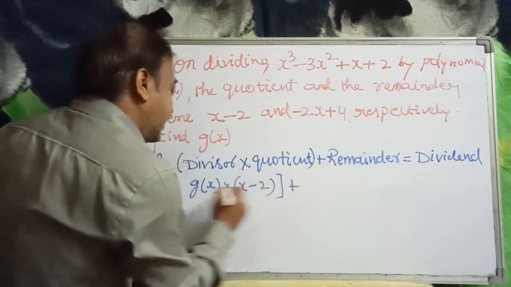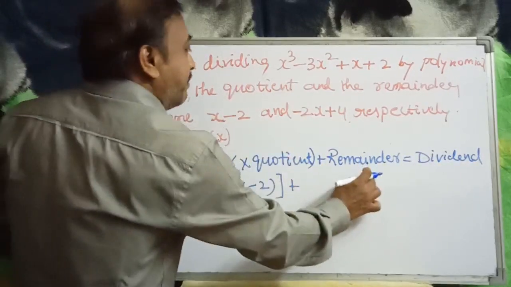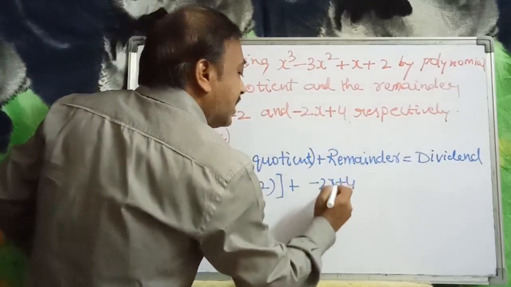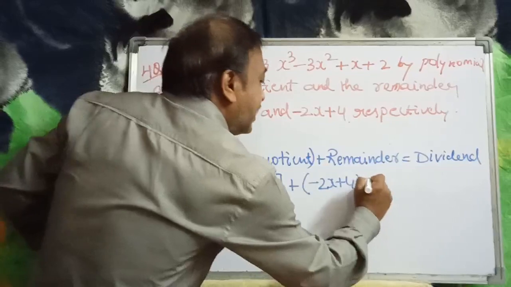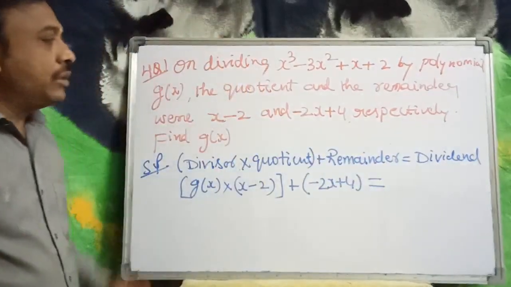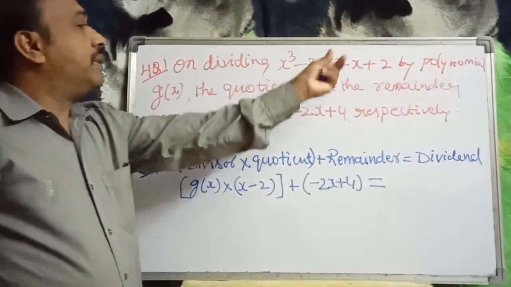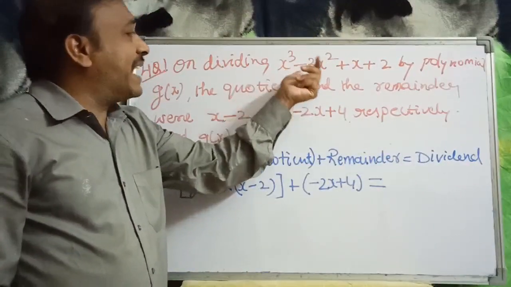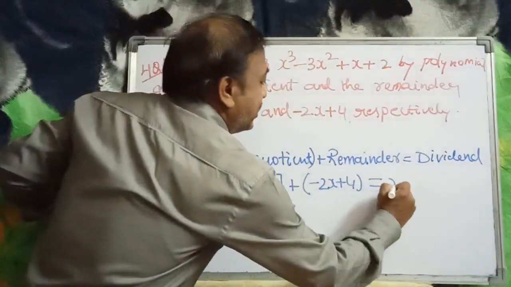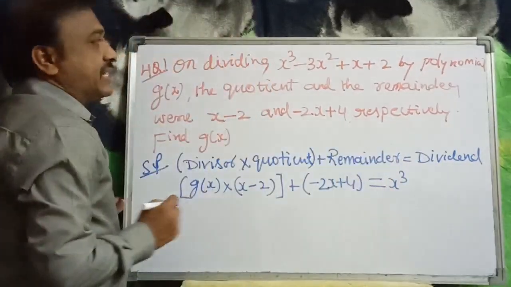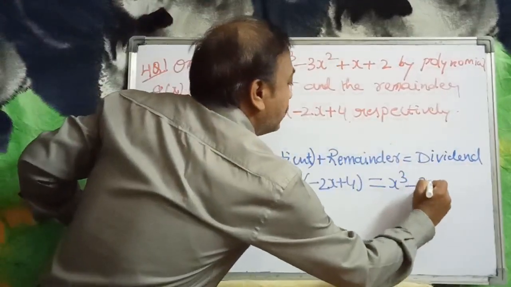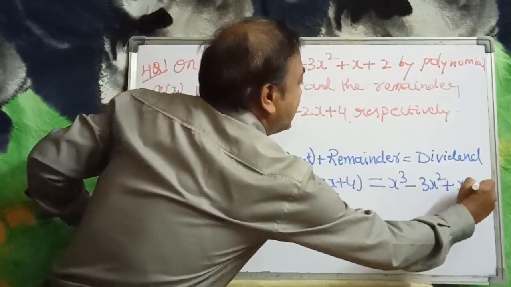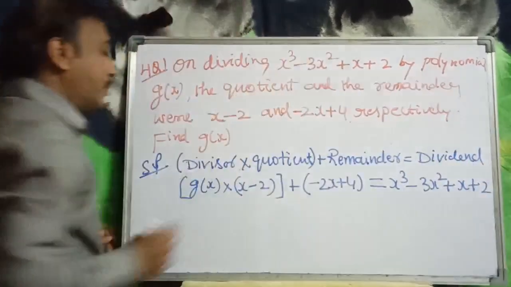Plus, this is one term, the remainder is minus 2x plus 4, which should be equal to the polynomial p of x. That is, p of x is nothing but x cube minus 3x square plus x plus 2.